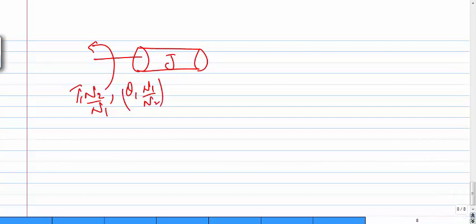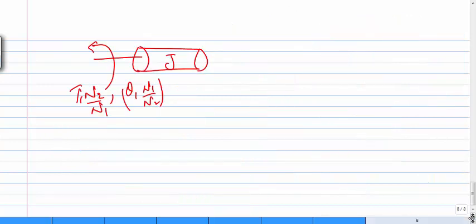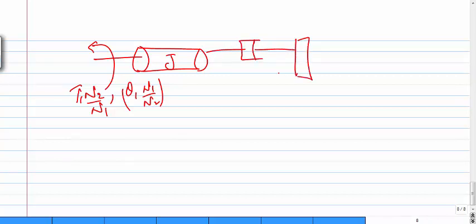Okay, same relation. Now the same thing we can do. We have a damper here and a spring here. So this damper and spring are with theta 1 actually. Now it will change with theta 2, and that becomes N1. Okay, leave it for a second. Because these are with theta 2, we just have to write it.